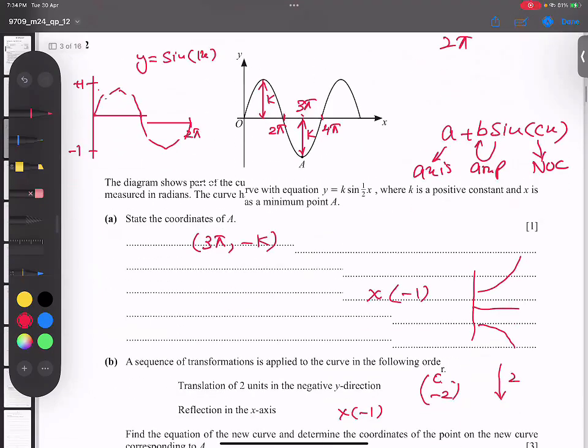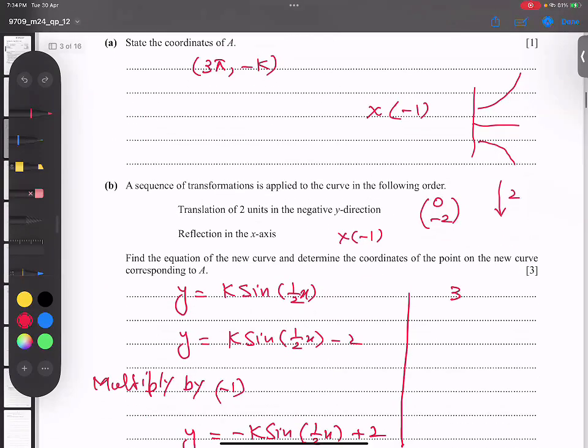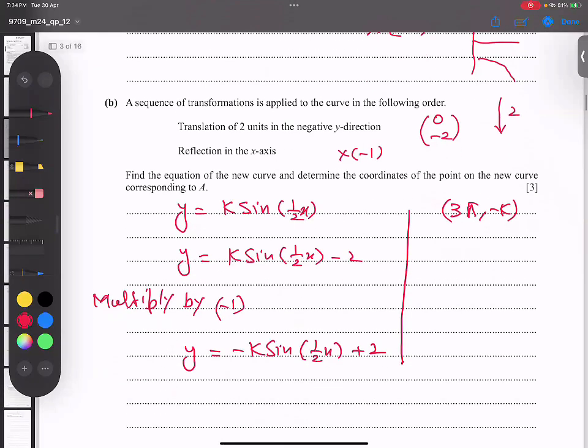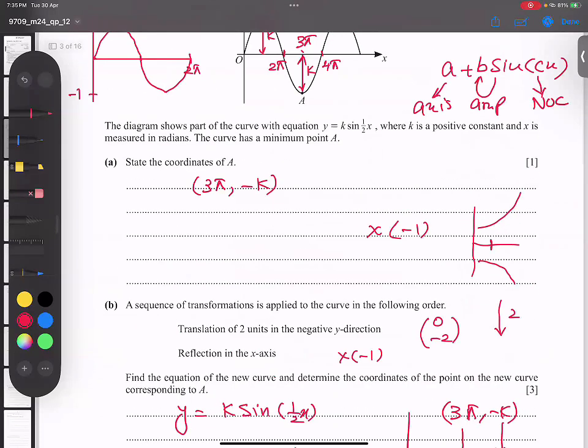So let's see, students, what the A coordinate actually is. First of all, 3 pi, minus k is the coordinates. And when it goes down, the x value will remain unchanged, but from the y value I will subtract 2. So 3 pi, -k -2 is the new coordinate after translation. And afterwards, multiplying the whole equation by -1. So, students, in this process, what is the x value here?